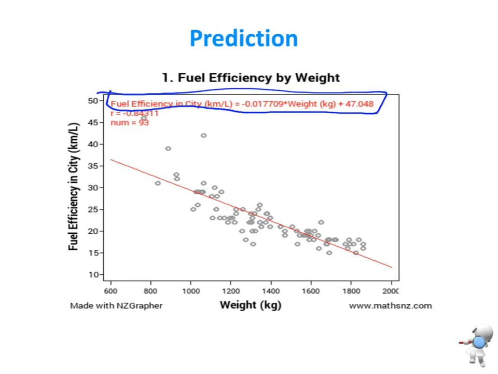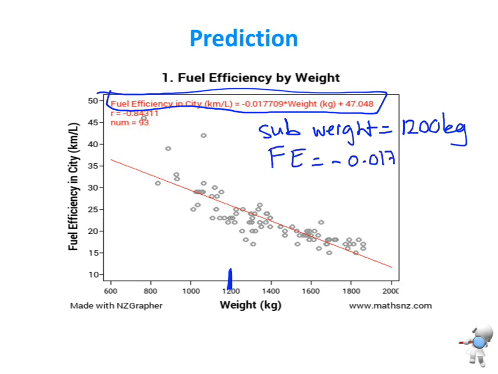So if I was to choose a car that weighed 1,200 kilograms, I could substitute that weight into the equation above and find the fuel efficiency of negative 0.017709 times 1,200 plus 47.048.